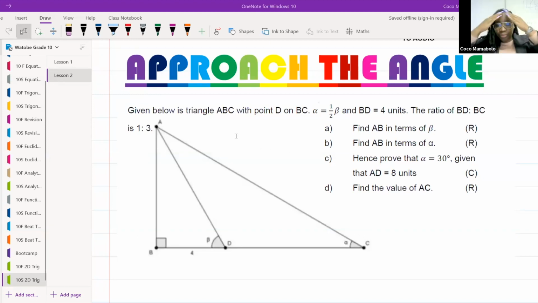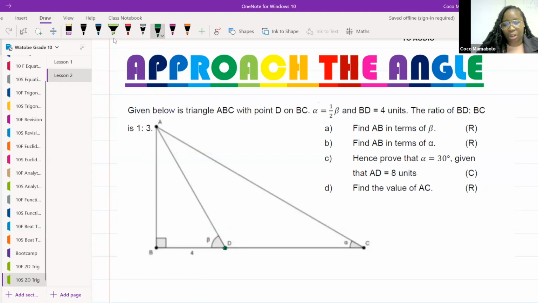Okay, now guys, this question is a killer question, so we're definitely going to need to focus. Let's read the information. It says here, given below is the triangle ABC with point D on BC.